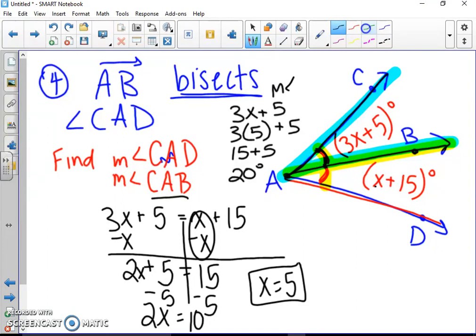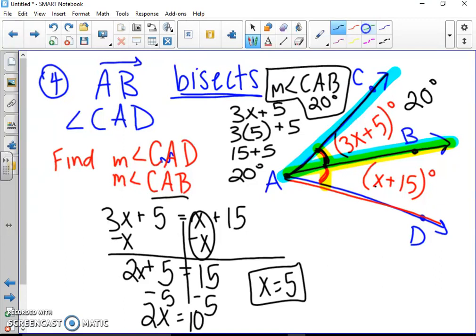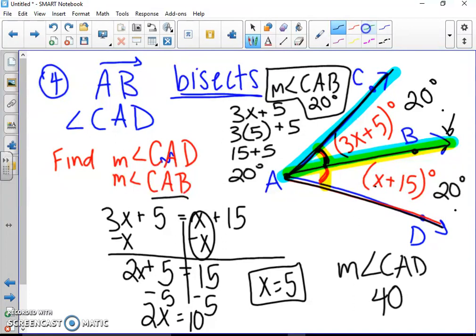So the measure of angle CAB is 20 degrees. So if I know that this is 20, and this right here is a bisector, then this must also equal 20. So this entire angle CAD is just 20 plus 20, which is 40 degrees.